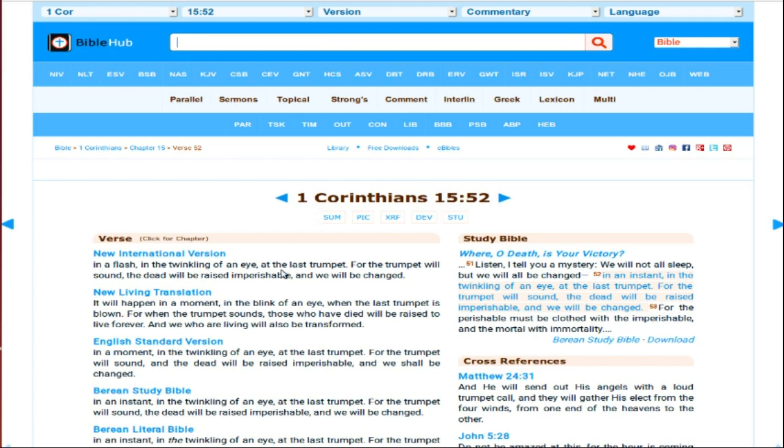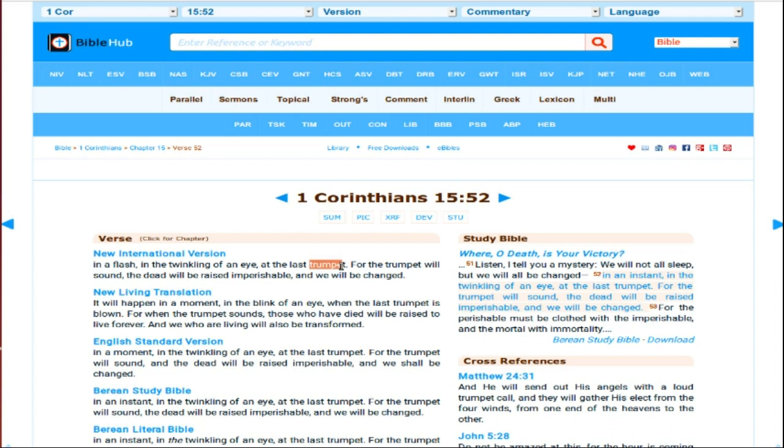Now, this scripture is what I think has relevance to what I'm talking about, these earthly things. And this scripture says, in a flash, in the twinkling of an eye, at the last trumpet.